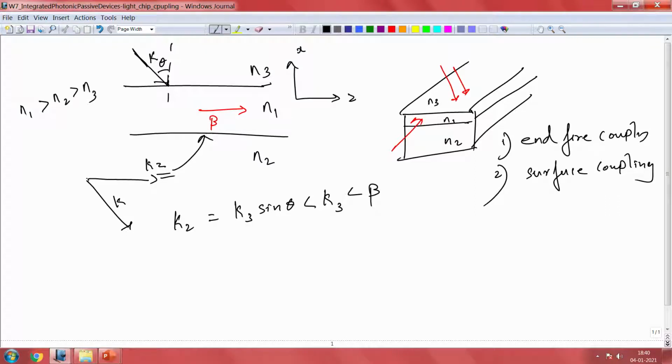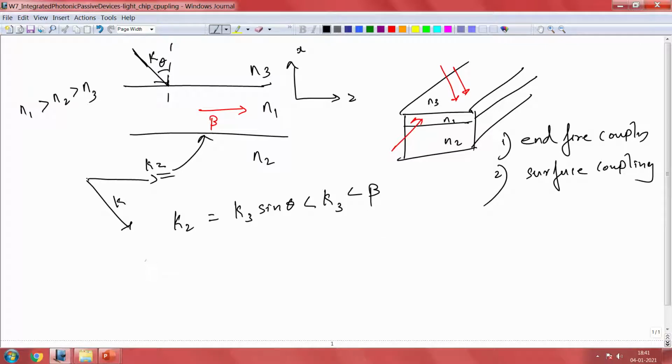You will see that this kz will be a radiating mode, not a propagating mode. kz will not be there to couple it, so you will not be able to attain the phase matching required in order to excite the beta here. It is simply impossible.